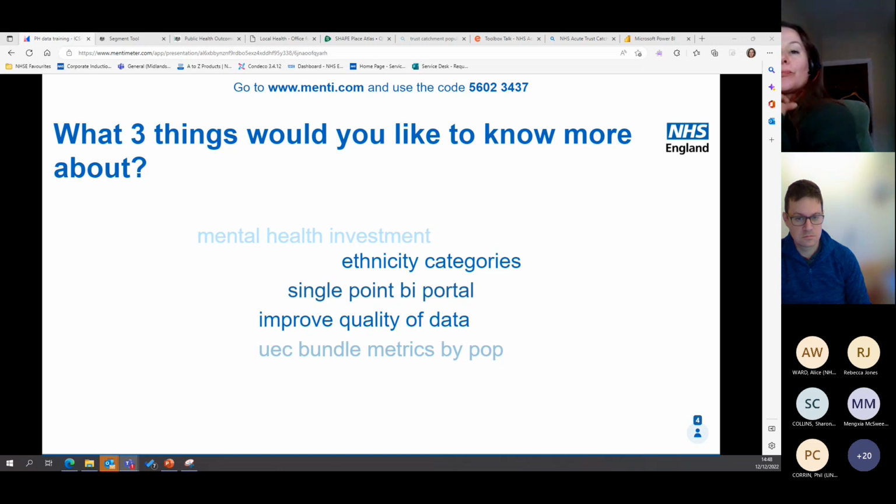But we're also going to expand that further in due course and look at things like frequent attenders, so more than 10 or 15 admissions per year. I haven't come across the bundle metrics myself either, but we can definitely look into those. Excellent.